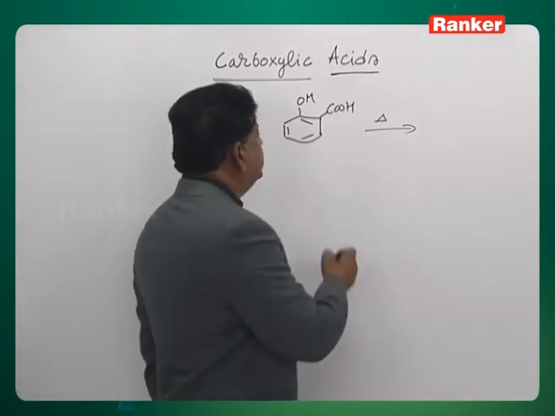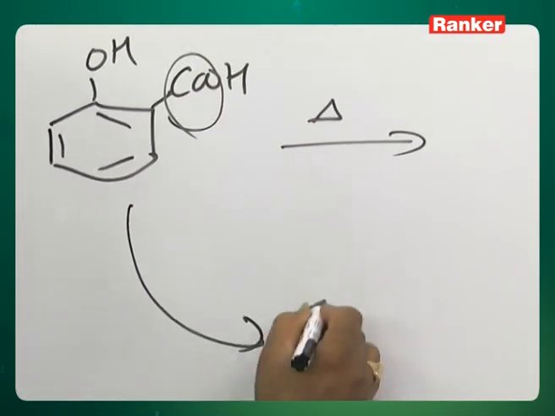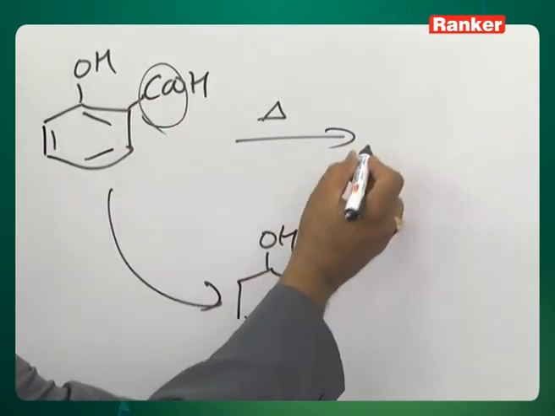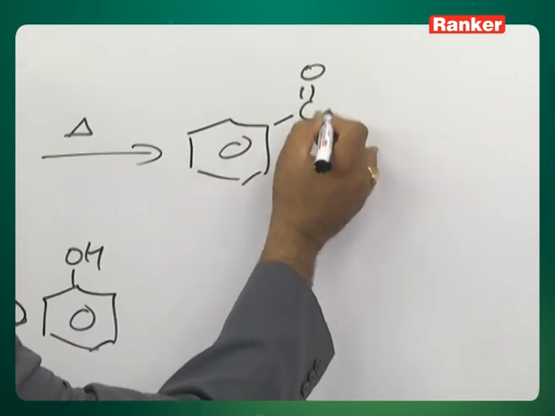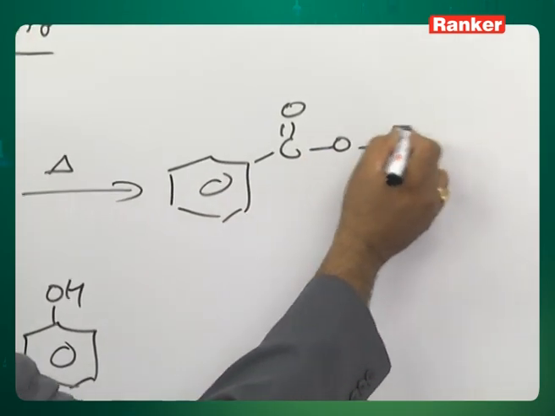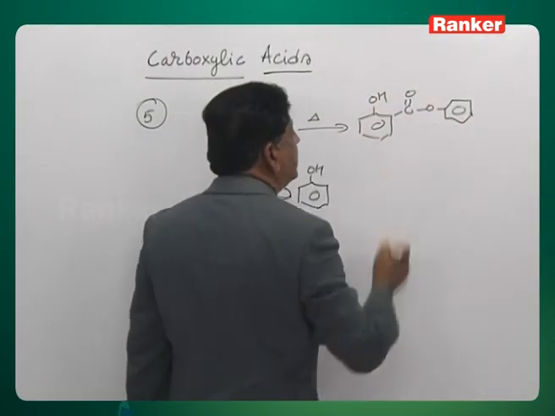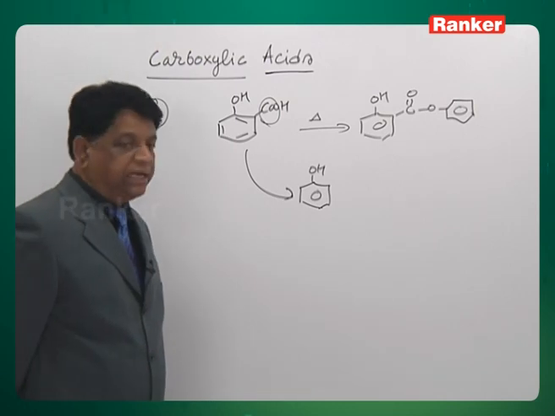Phenyl salicylate means actually on heating, a decarboxylation takes place, a phenol is formed. This phenol reacts with this benzoic acid group and an ester is formed. That means O with a phenyl. Phenyl salicylate is formed, this is called salol. It is also a wonderful medicine in the analgesic type of drug.